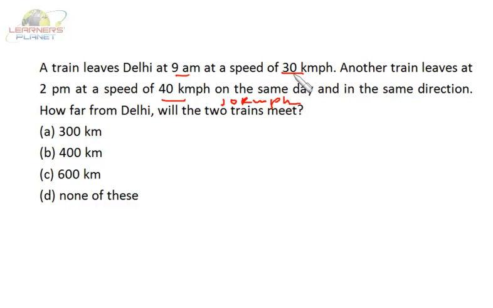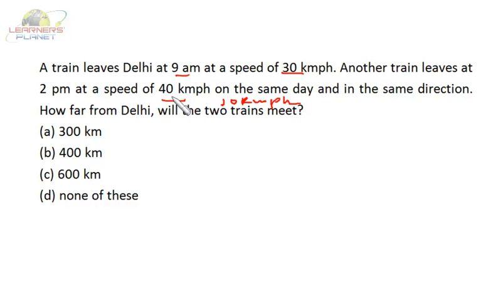Now once again, the first train is also not going to stop, so we have to find their relative speed, or gaining speed. Every hour it is gaining 10 kilometers, so to gain 150 kilometers, it has to run for 15 hours. In this question, we have to find how far from Delhi the trains meet.